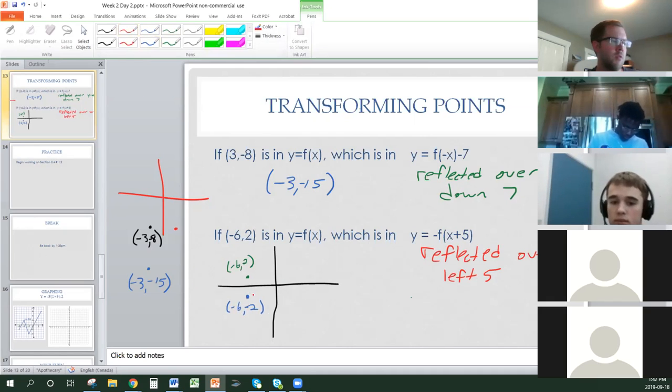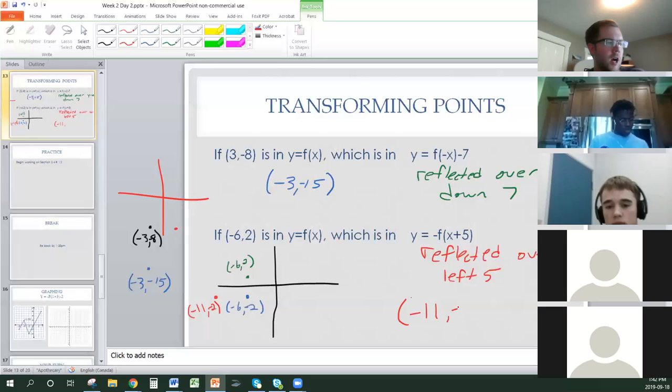And then we're going to be moving it to the left 5, which makes it -11, -2. Okay, so this is our final answer, -11, -2. Does anyone have any questions about that? No? Okay.